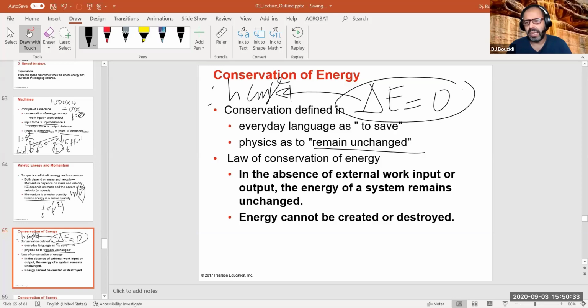It remains the same. If you calculate the energy initially, if we take, for example, the mass and spring system, when we pulled it down, before we let go of it, we know the kinetic energy is zero. We know the potential energy is equal to some finite value, let's say 100 joules.